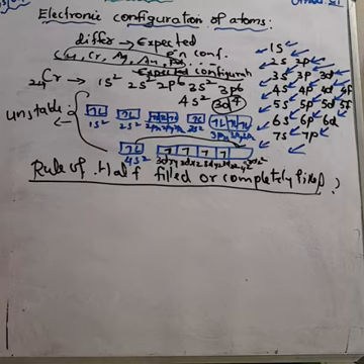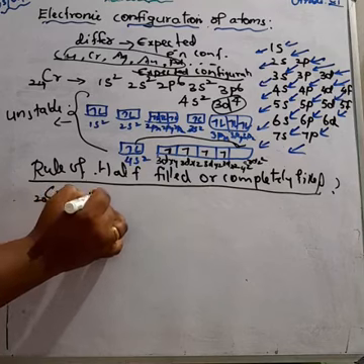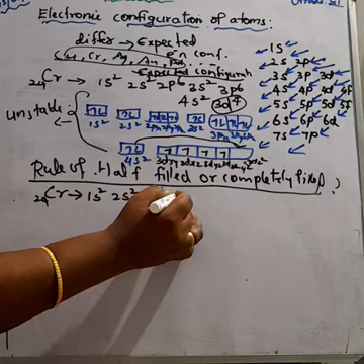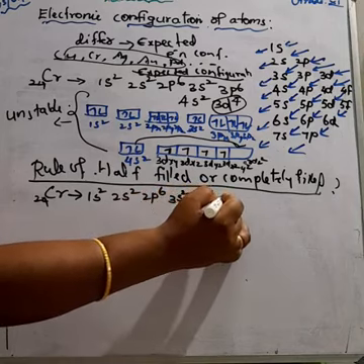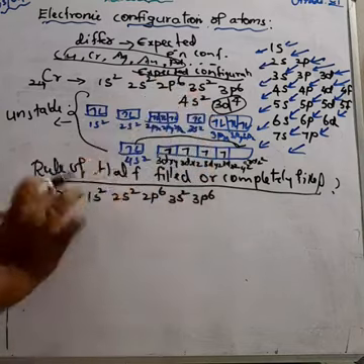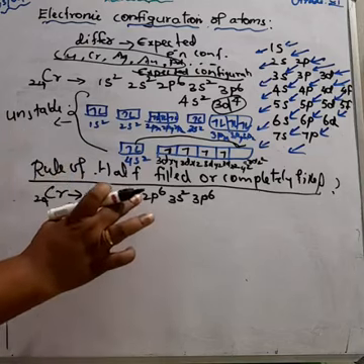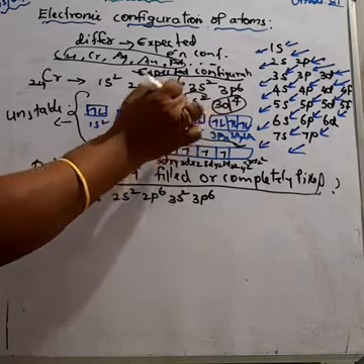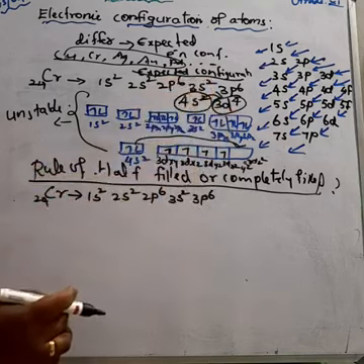So how will you write the electronic configuration now? Chromium 24: 1s2, 2s2, 2p6, 3s2, 3p6 and then 4s2. This is the expected configuration, but for more stability, 1 electron from the 4s orbital is shifted to the d orbital.